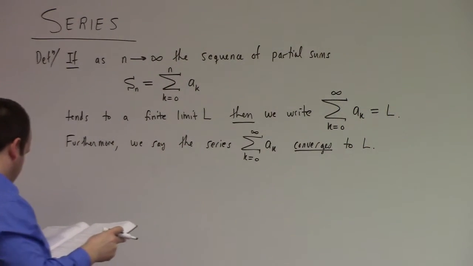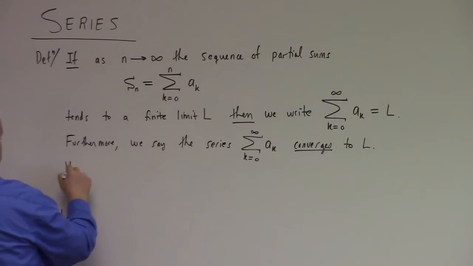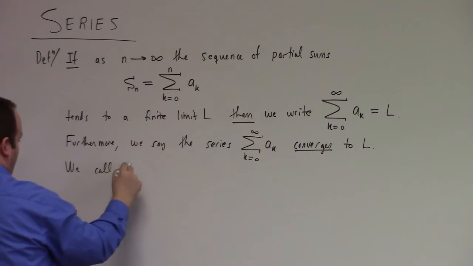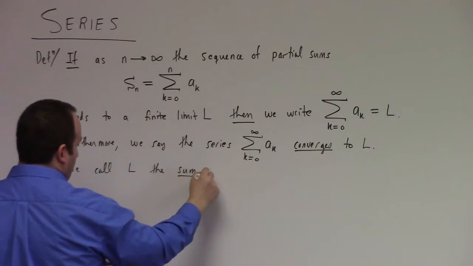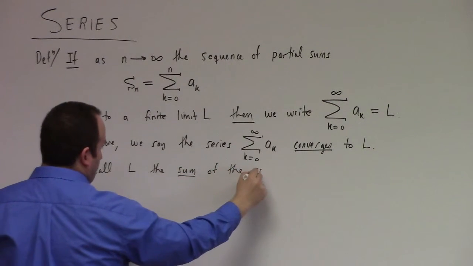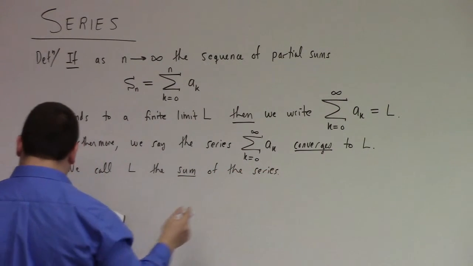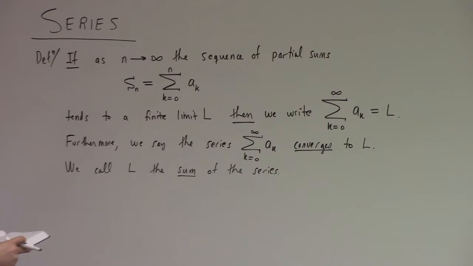We call L the sum of the series. If the sequence of partial sums diverges, we say that the series diverges.